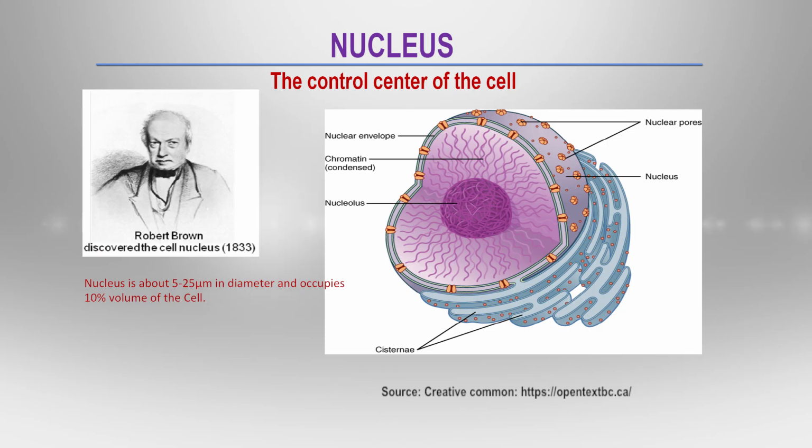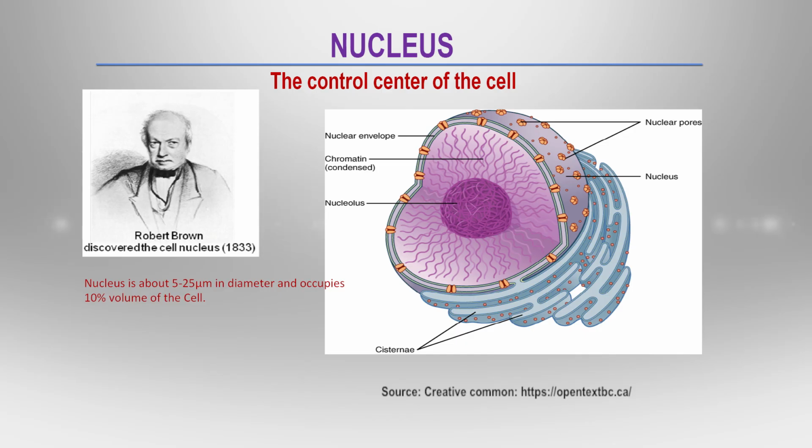It is a round or oval shaped structure which is responsible for ribosomal synthesis, and the outer membrane of the nucleus interacts with the membrane of the endoplasmic reticulum. So what are the main components of the nucleus?